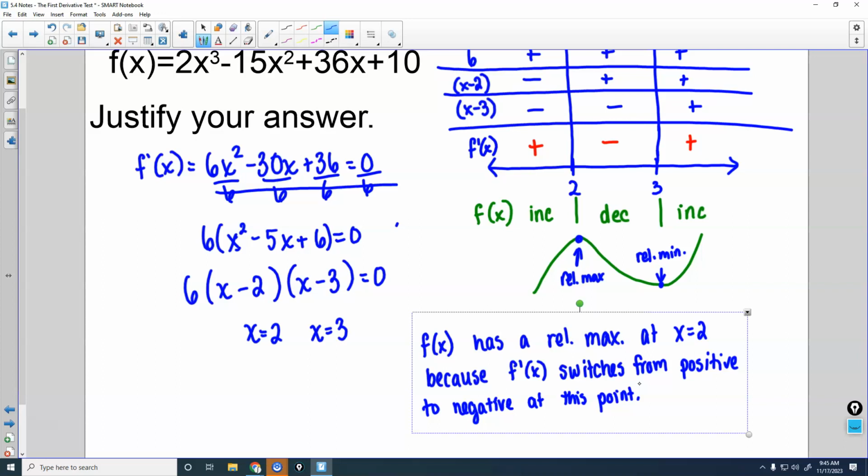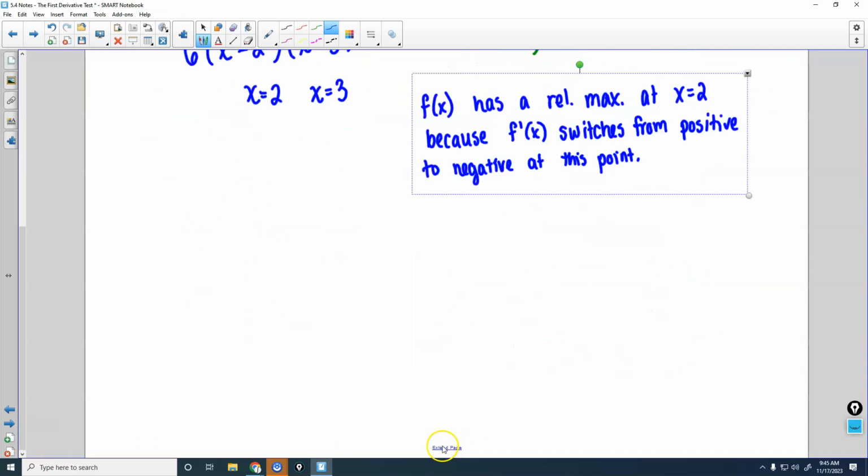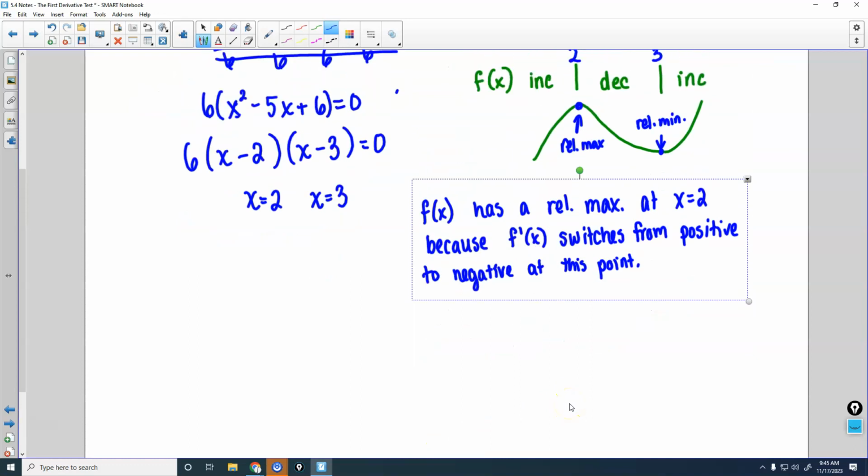Whereas if you write out the word positive, it's hard to misinterpret that. So I would write it out. Probably write out relative maximum too on the real thing, but I'm pretty sure you're going to be okay on that. But you don't want to lose points just to save a little bit of time. So I would write them out there. Will they take it if it's very clearly stated with a plus and a minus for your positive and negative? Probably, but you've got so much more room for error.